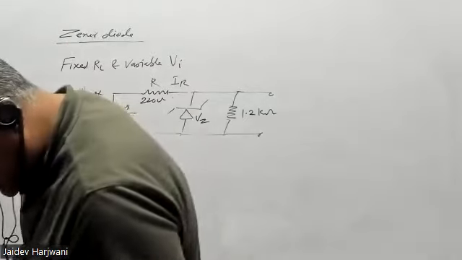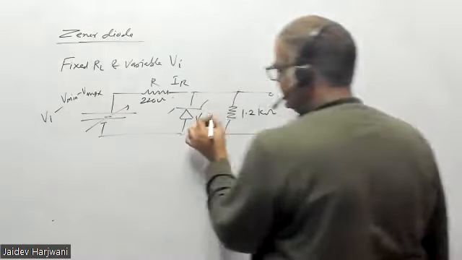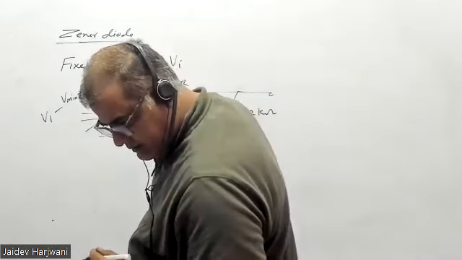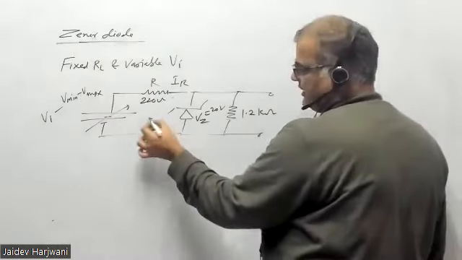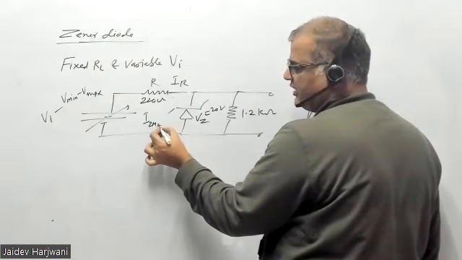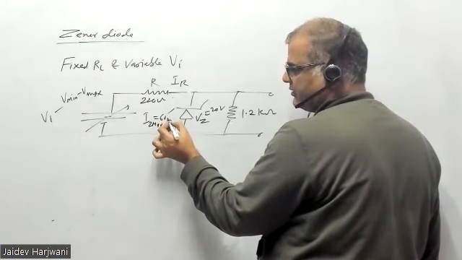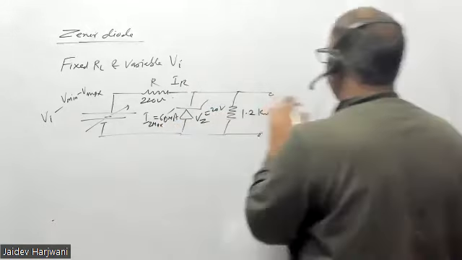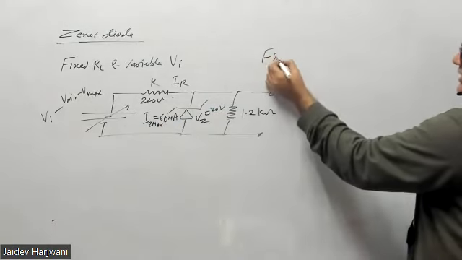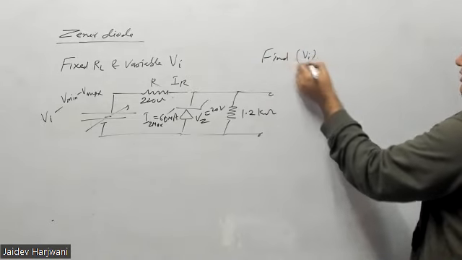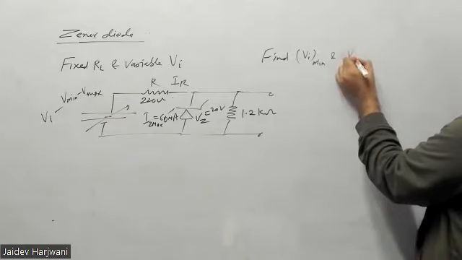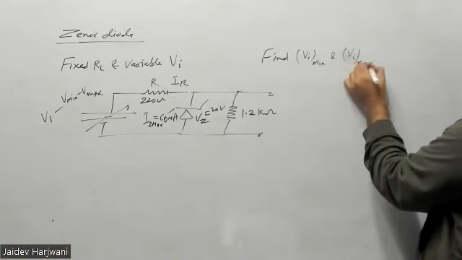VZ is given as 20 volt. IZ max is given as 60 milliampere, because we need IZ max. Find V input minimum and V input max.